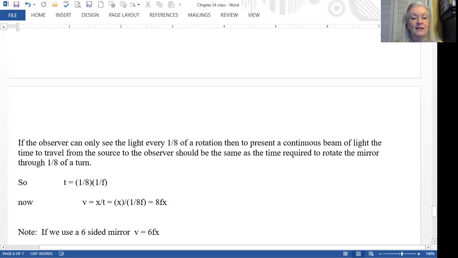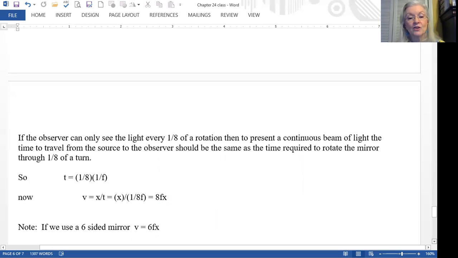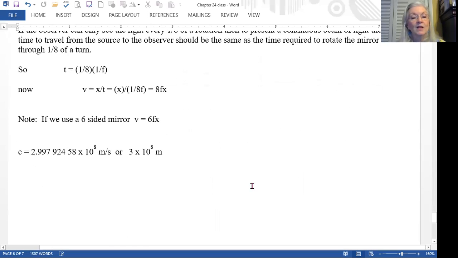If you used a 6-sided mirror instead of 8, there'd be a 6 in the equation. So what we've come up with for the speed of light is this value. For us, we're going to round it off to 3 times 10 to the 8th meters per second. I don't know what happened to my slash seconds over here. The slash second somehow got omitted.